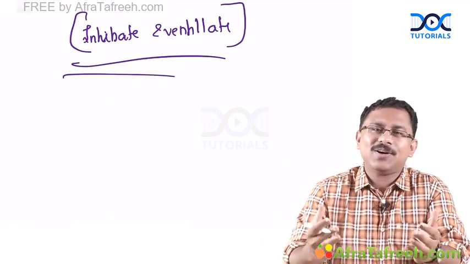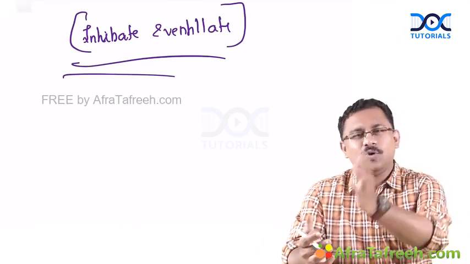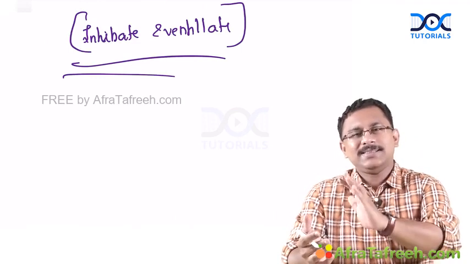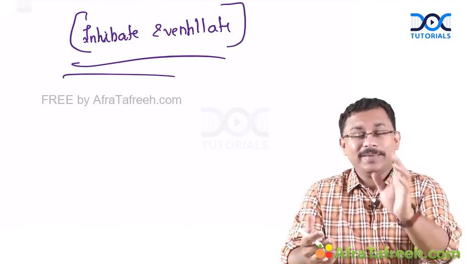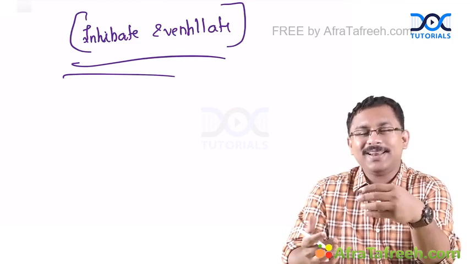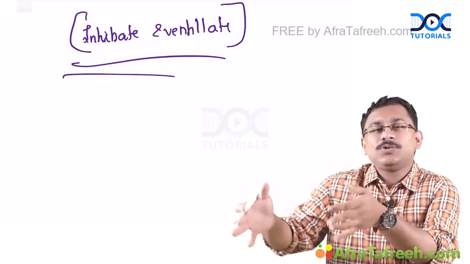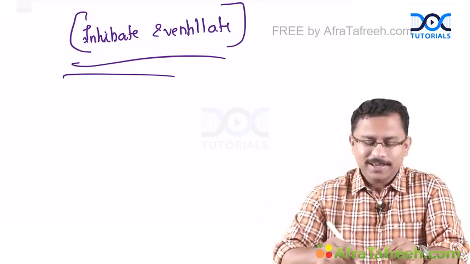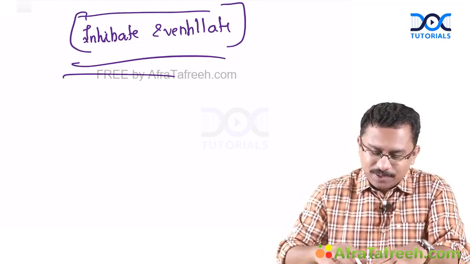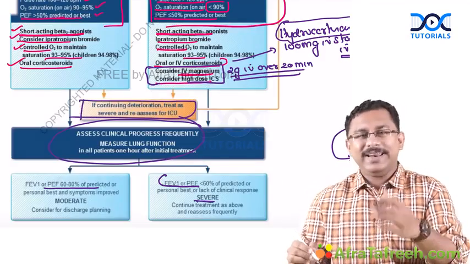The pulsus paradoxus might be there in a severe asthma exacerbation, but when it goes to the respiratory failure stage, this might disappear. So remember, whenever a patient's pulsus paradoxus disappears, if the patient is becoming further drowsy, it is again an indication that he is going into respiratory failure. In such a scenario, you have got to assess and you have got to ventilate this patient.